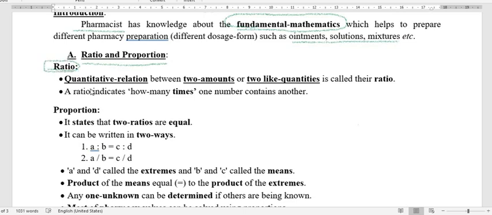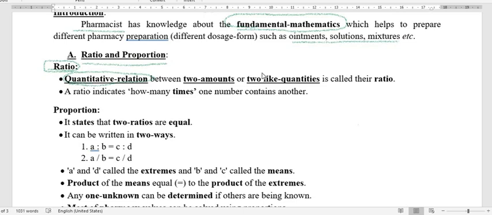So what is ratio? I think you all are aware of the ratio. This is only the relation between two quantities, two numerals, which are usually of a similar type.